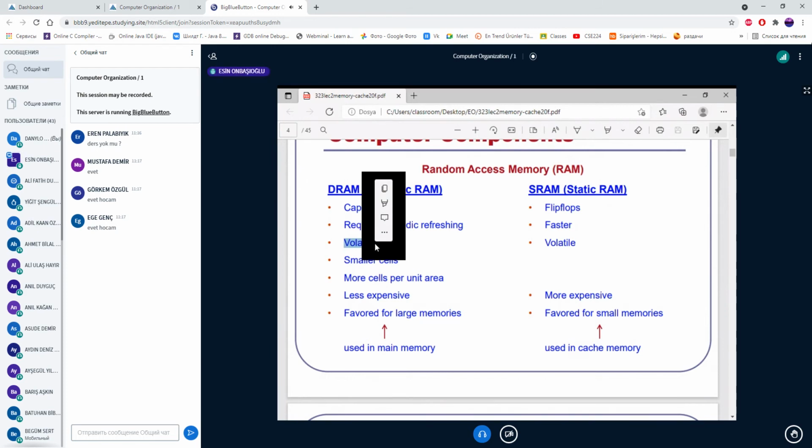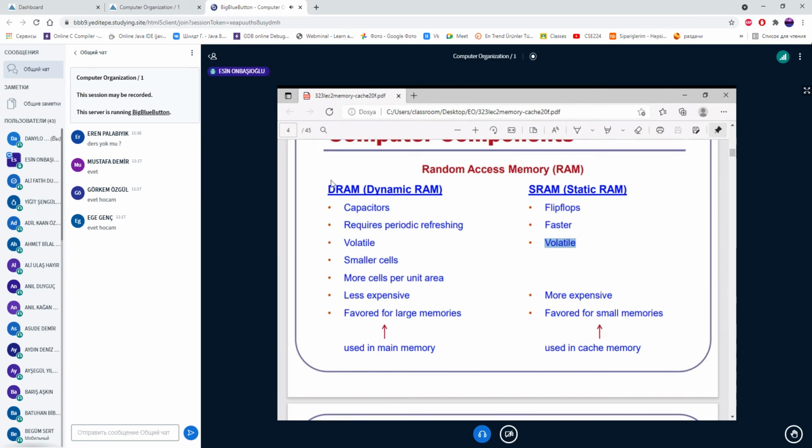For example, disks, CDs, and your USB sticks do not lose the information on them when you take them off the electricity, but in RAM, the information is lost. That's why both dynamic RAM and static RAM are volatile.